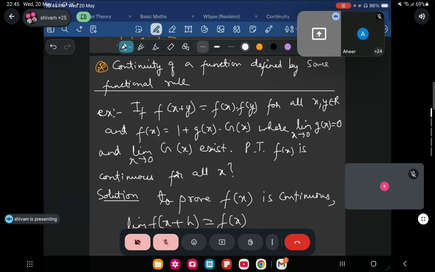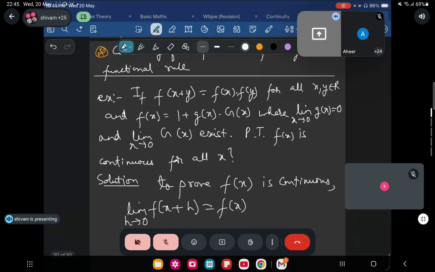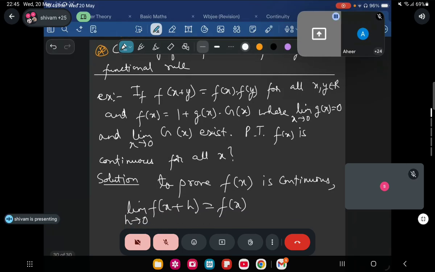If I just prove that limit h tends to 0, f of x plus h is equal to f of x, my problem is done. So everyone pay attention. Over here, what is f of x plus h? f of x into f of h.